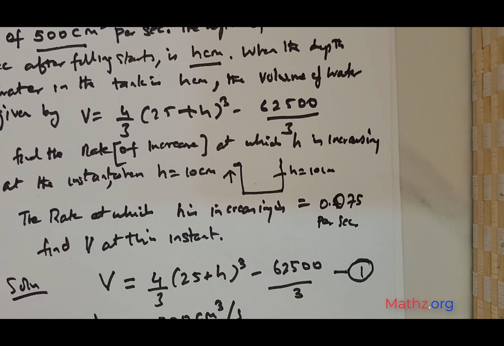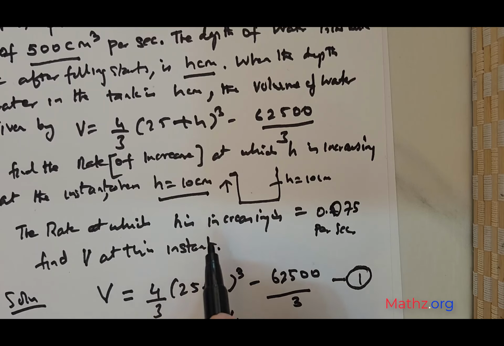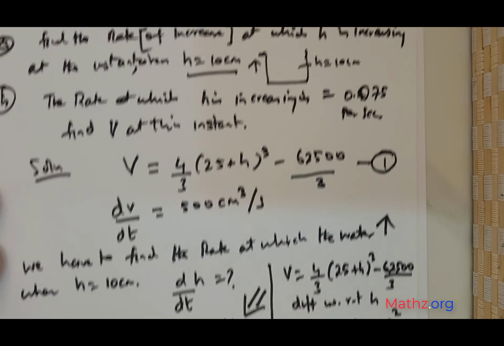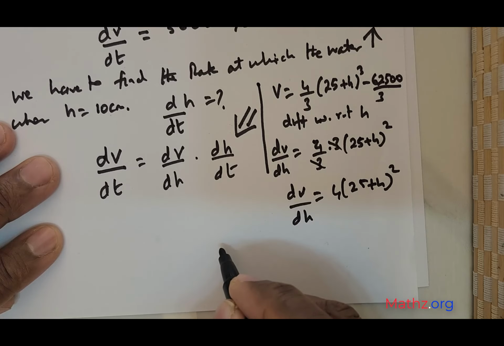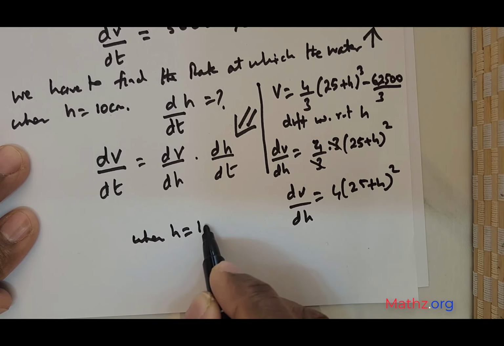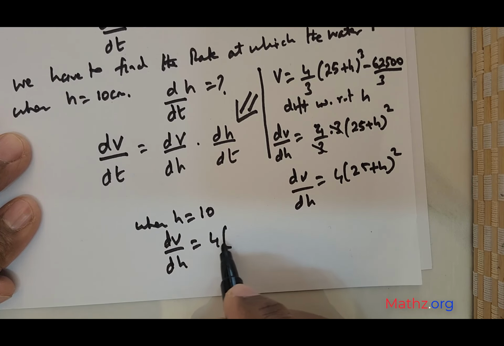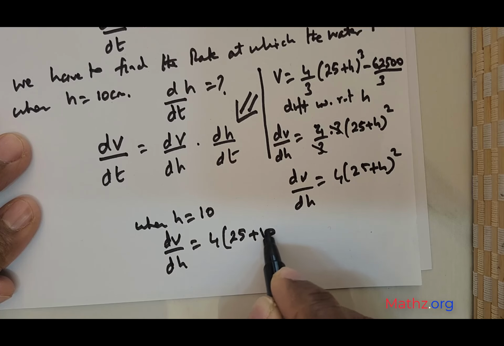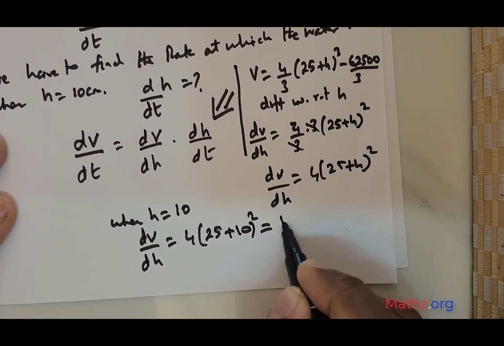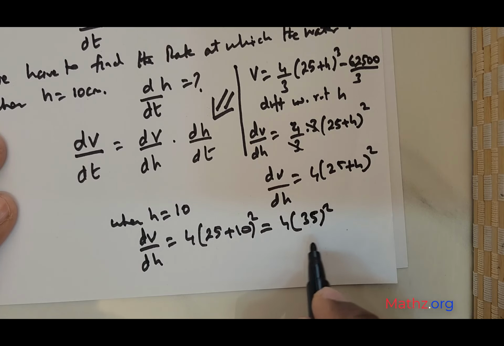Now what is the requirement? They want us to find h changing starting with the value of h is equal to 10. So I'm going to utilize that information here. So when h is equal to 10, dv over dh is 4 times of 25 positive 10 raised to the power of 2, which is 4 times of 35 raised to the power of 2. So we will have to get this value, 35 squared.